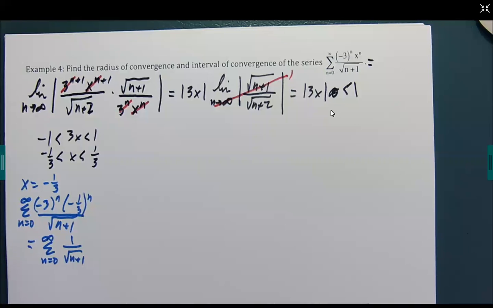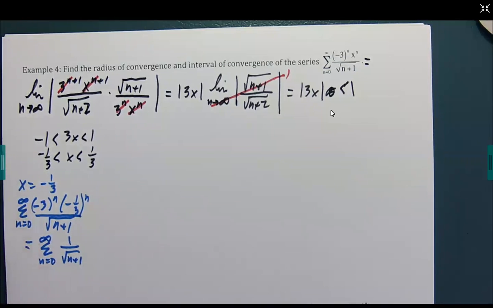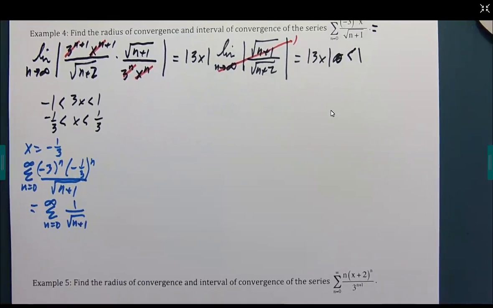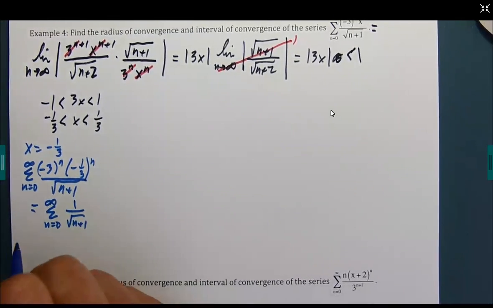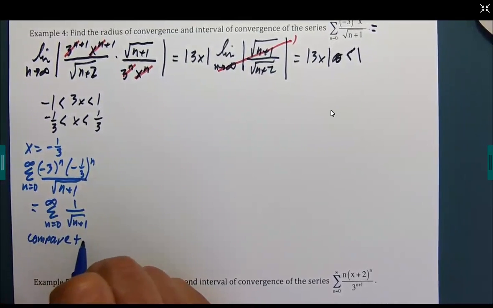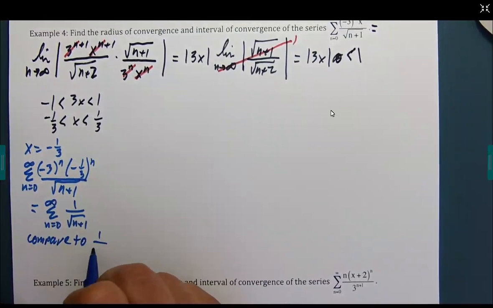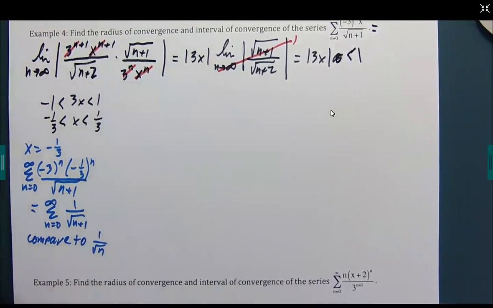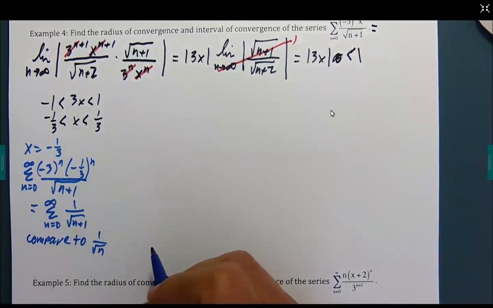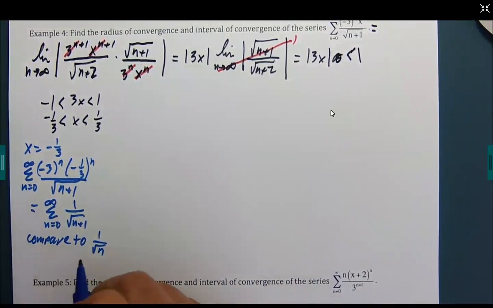And I now need to determine, is this convergent or is this a divergent series? Well, I'm going to compare it to one over root n, which is divergent by p series.